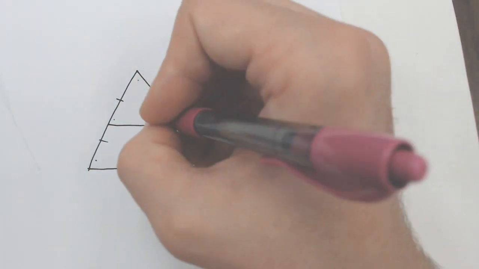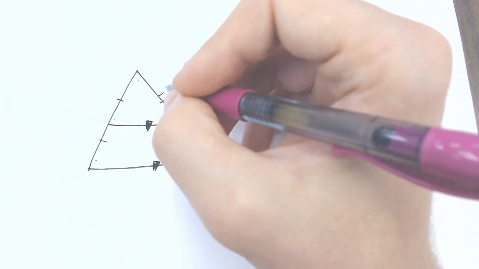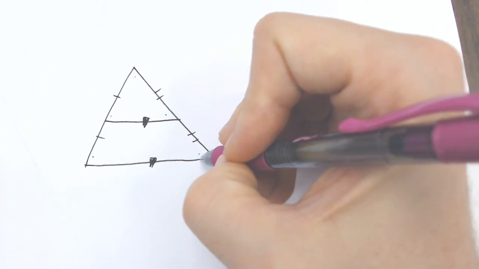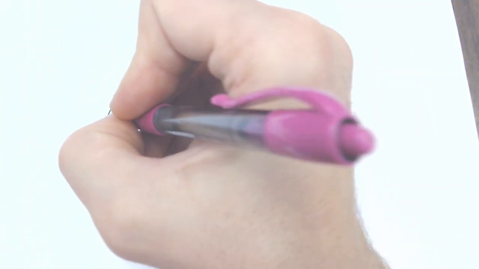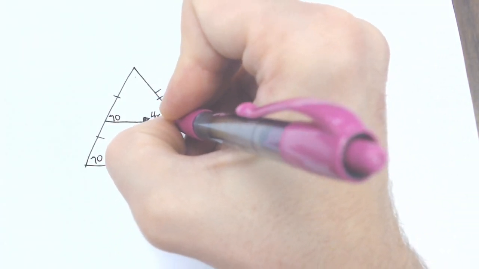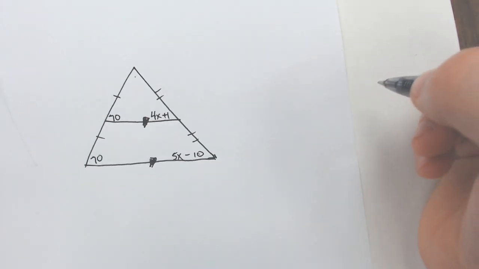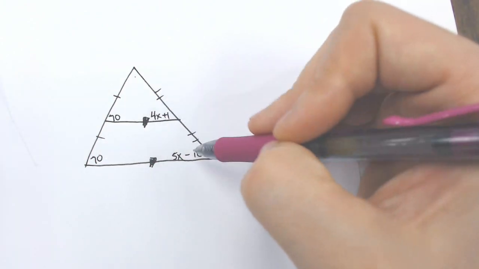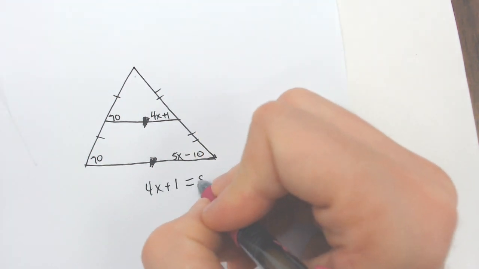So, with that in mind, if I were told just one of these angles, I could fill out everything. If I was told variables, I could still set them equal to each other. For instance, if I knew that this was 70, I would know that's 70. But if I was told this is 4x plus 1, and this is 5x minus 10, well, they might not both be 70, but they definitely both equal each other, and I can set them equal to each other. 4x plus 1 equals 5x minus 10.